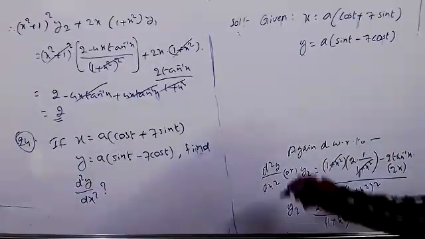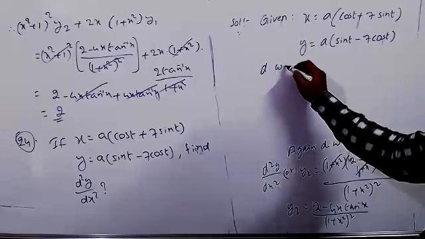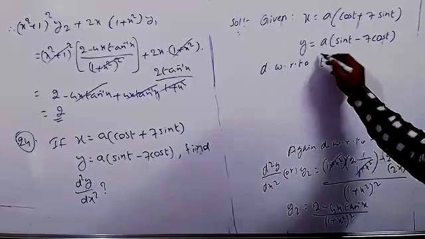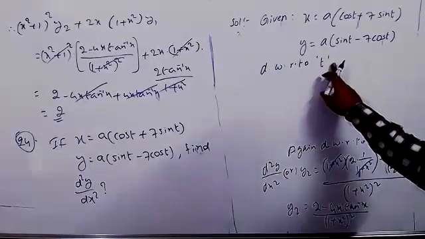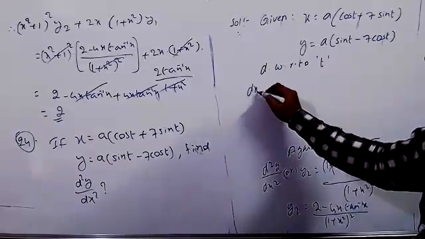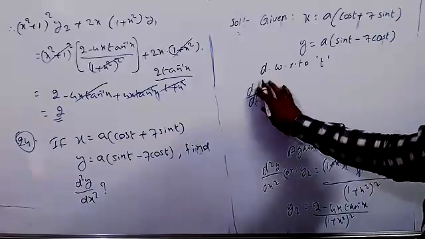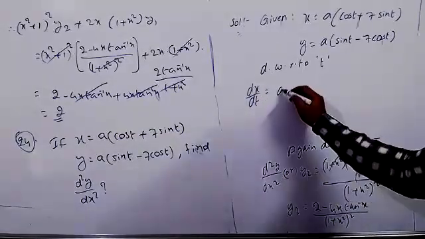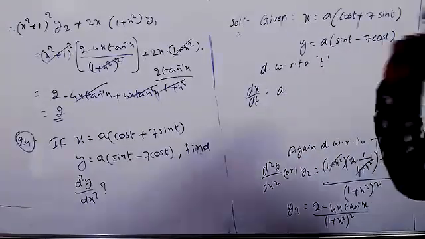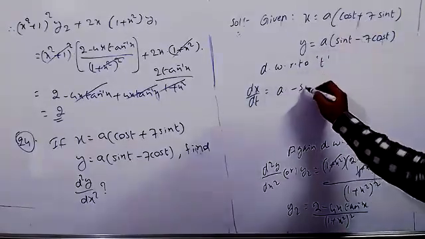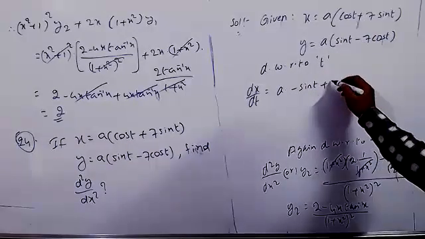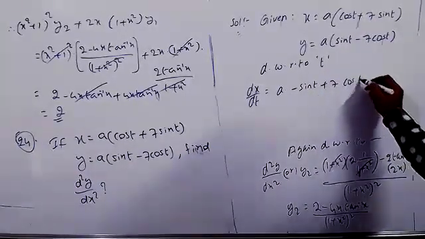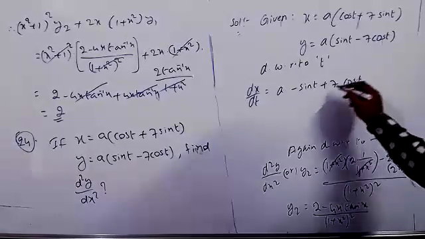Yes. Differentiate now with respect to t. What is the parameter here? The parameter is t. So dx by dt equals a, which is the constant value, times the differentiation of cos t, which gives minus sin t, plus 7, the constant, times the differentiation of sin t, which gives cos t.